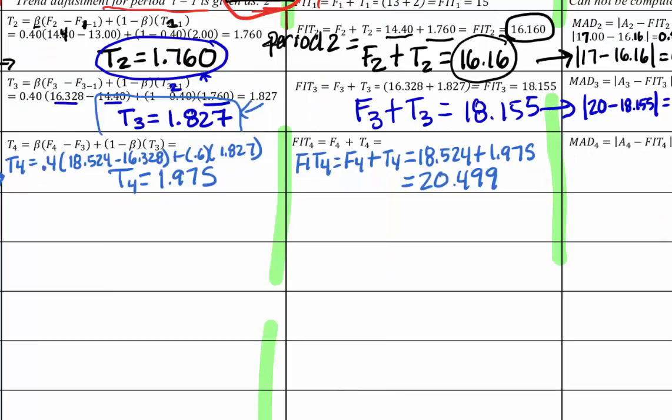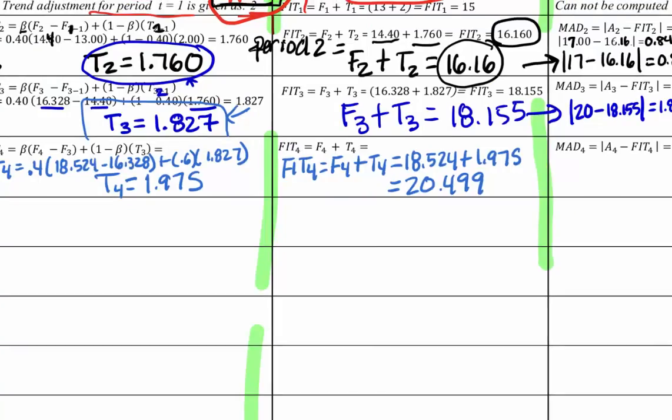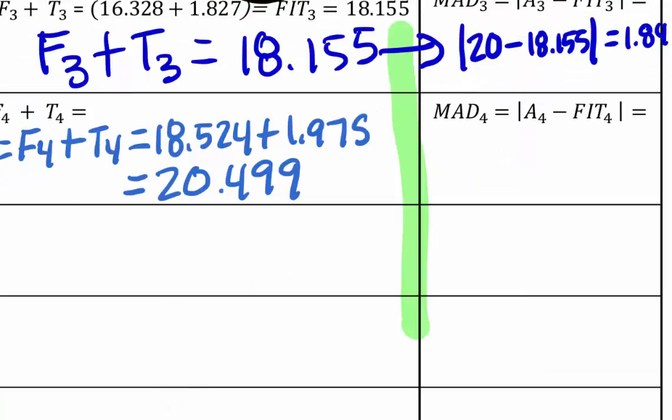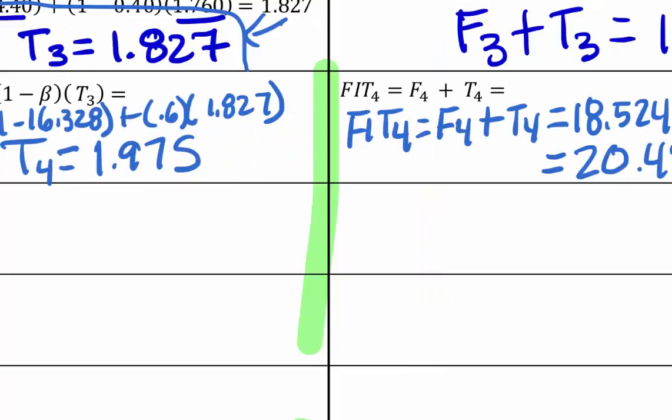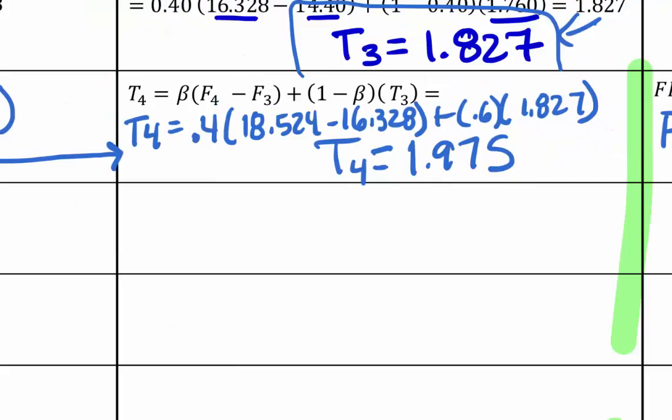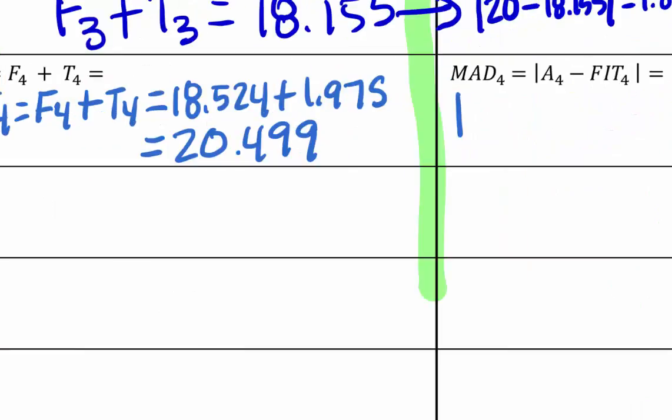And then we do the same thing over here for our MAD. Absolute value of A of 4, which is 19, minus 20.499, and because it's absolute value we don't have a negative. Instead we have 1.499 is our MAD for period 4. Those are absolute value signs.